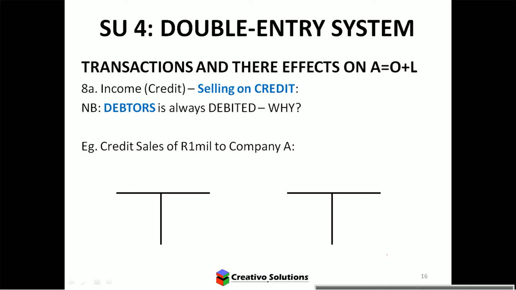Because we're selling on credit. Correct. So do you have debtors? No, you're creating them. Remember, debtors are created when you sell. And the sales, which is the income. And the income is going up or down? Going up. Correct.